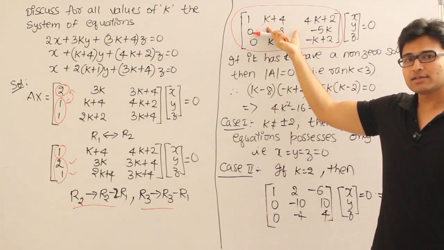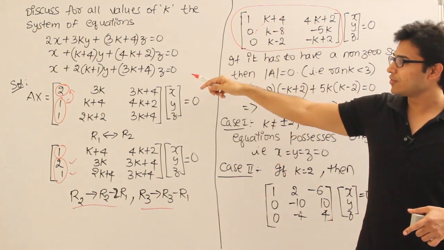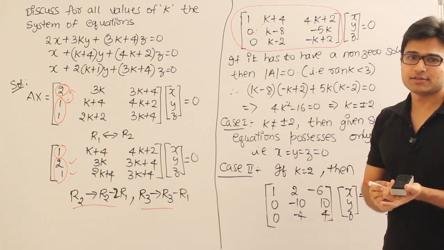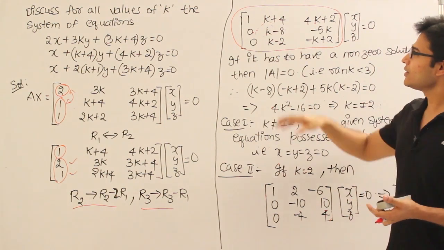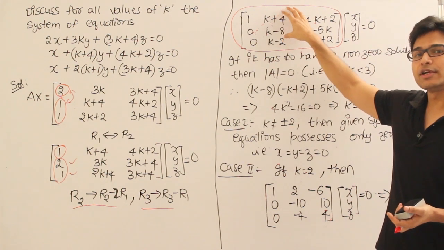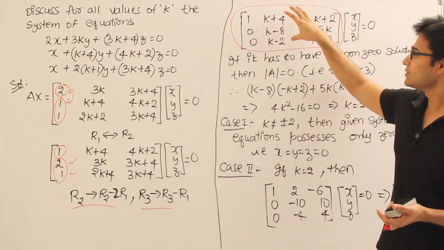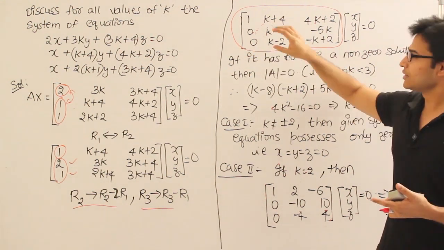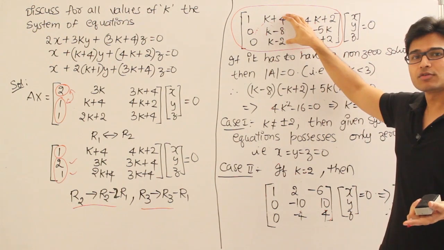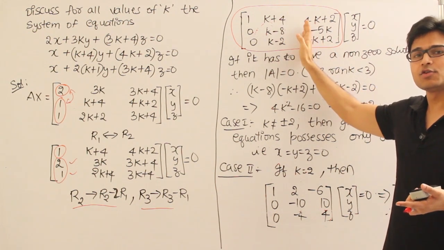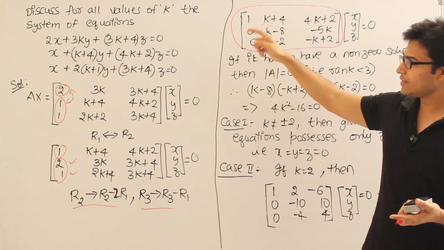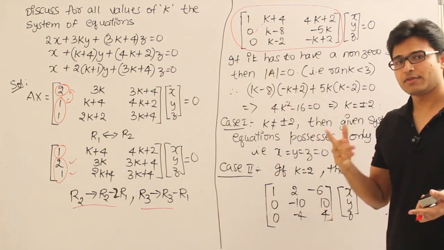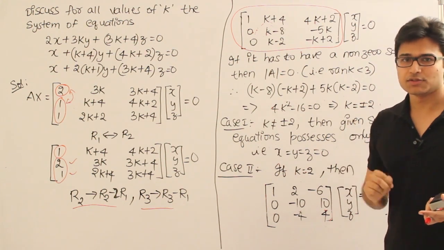If the rank of the matrix is equal to 3 and the number of unknowns is equal to 3, then it will have a unique solution, which is the zero solution. If the determinant is equal to 0, then the rank is going to be less than 3, which is less than the number of variables, therefore it will have infinite number of solutions. So we have to analyze these two cases.